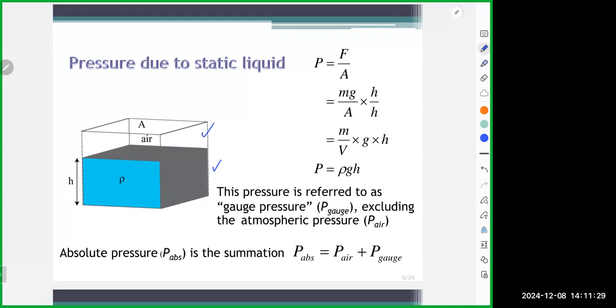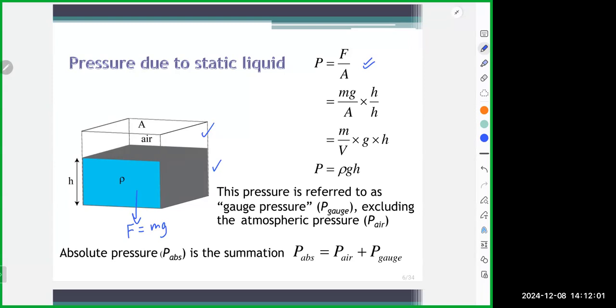To understand the pressure of this liquid pushing on the floor, we use the definition that I already mentioned. The force that acts on the bottom is due to the mass, and there is an area.